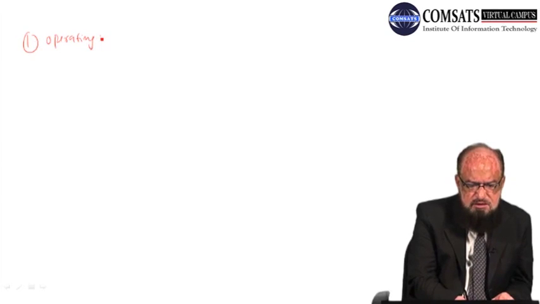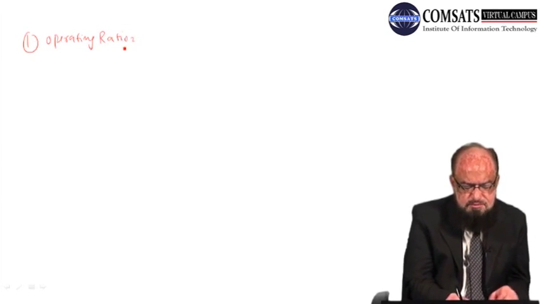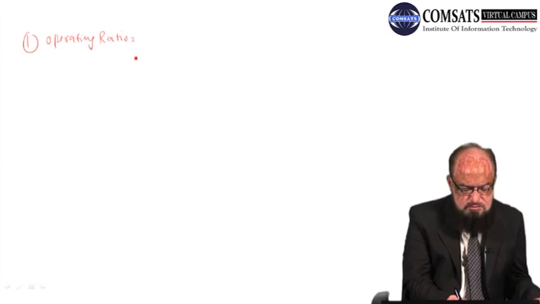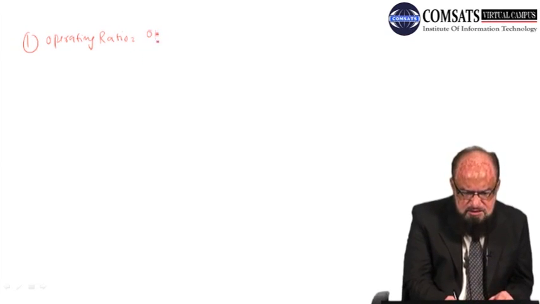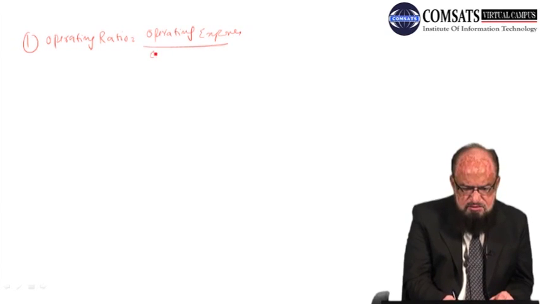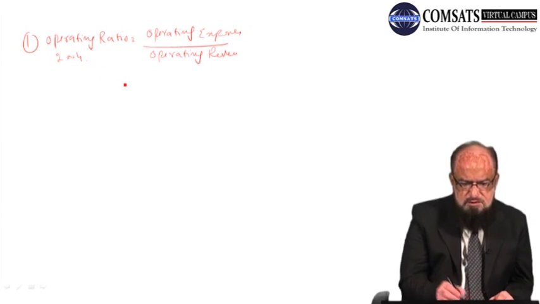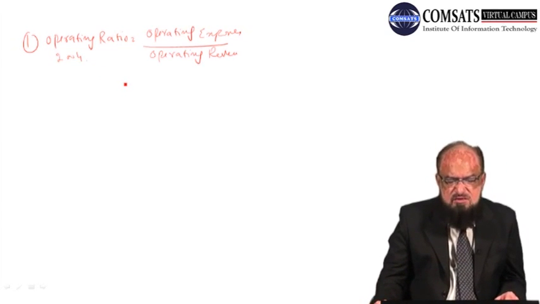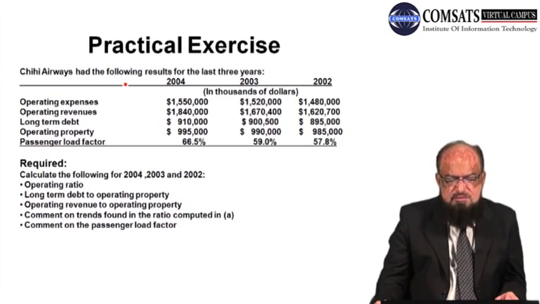Operating ratio is equal to operating expense divided by operating revenue. For year 2004, operating expenses are given: 15,50,000 divided by 18,40,000.